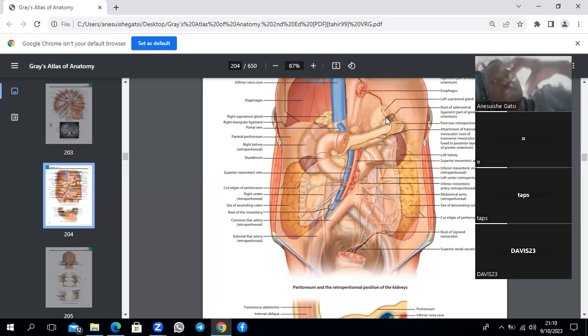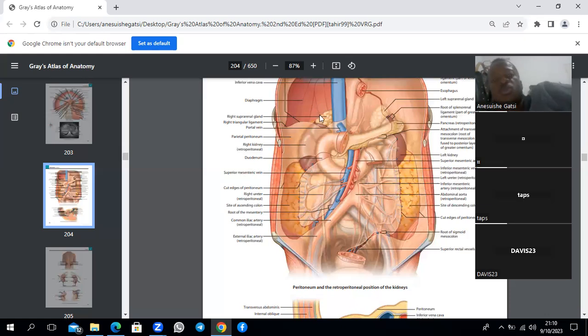Remember when we were doing the liver, the right kidney was one of the organs that form an impression on the visceral surface of the liver. So you'd find that the liver actually pushes the right kidney to a position that is lower down compared to the left kidney, right? Then there is the diaphragm higher up that separates the thorax above from the abdomen below, right?